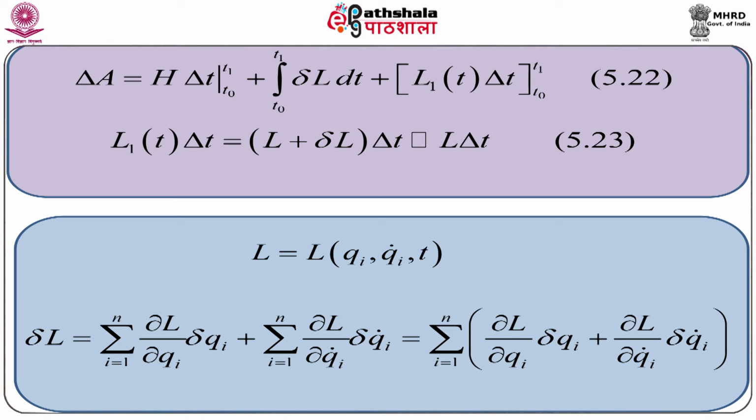Again, L1 into Δ T equals L plus δ L into Δ T, which can be approximated as L into Δ T, since the product of δ L and Δ T is very small, and so we have neglected this one.